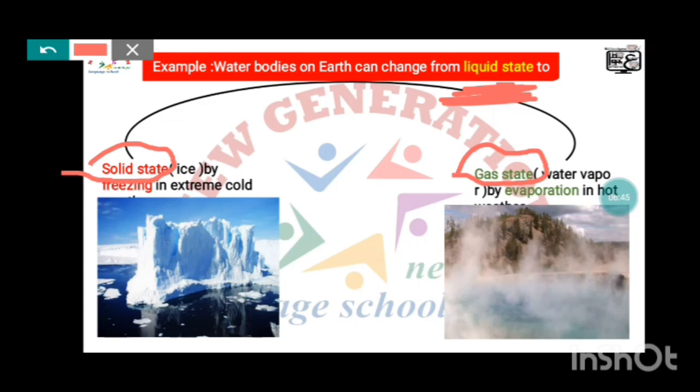Water bodies can change from liquid to solid by freezing in extreme cold. And water bodies can change from liquid to gas state by evaporation in hot weather.